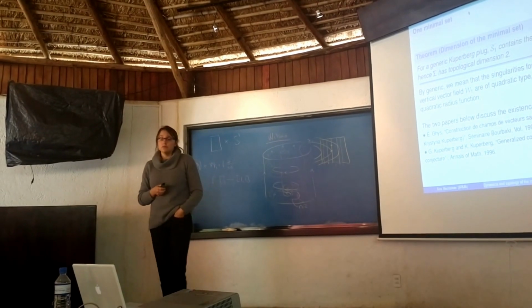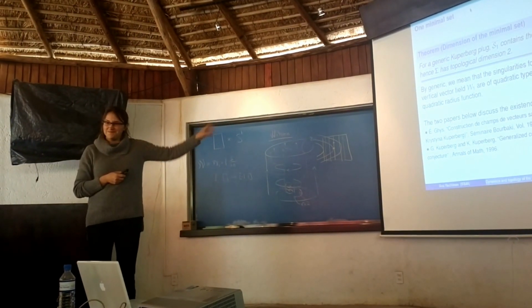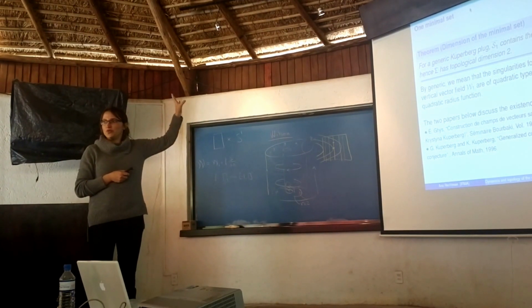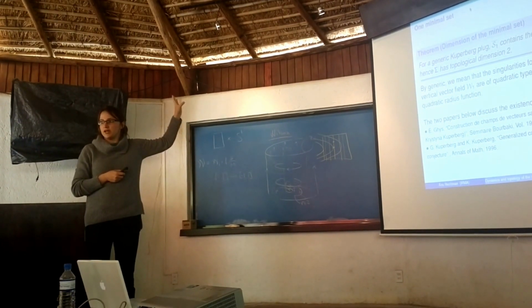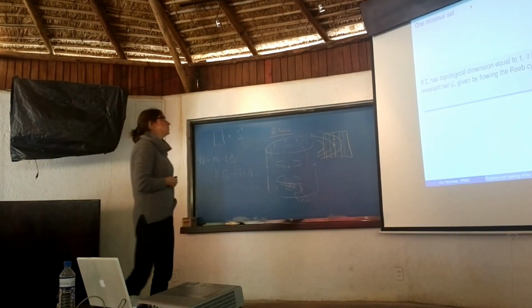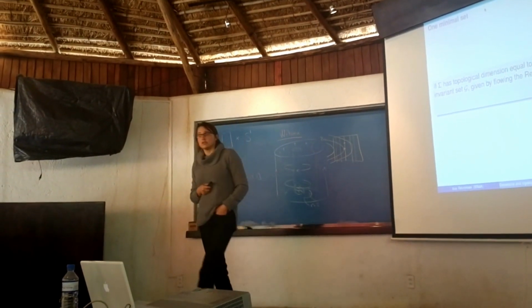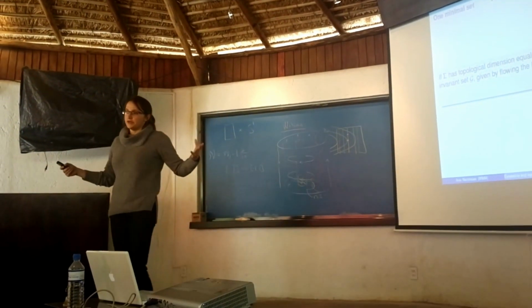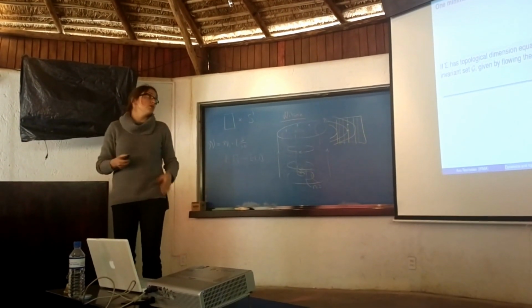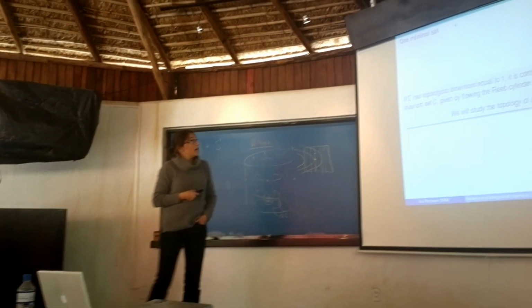So from now on, I will assume this condition, saying that the minimal set has topological dimension 2. If it doesn't, then it's a set with topological dimension equal to 1 that is contained in this bigger invariant set that we will study. And so I will study the topology of this set.